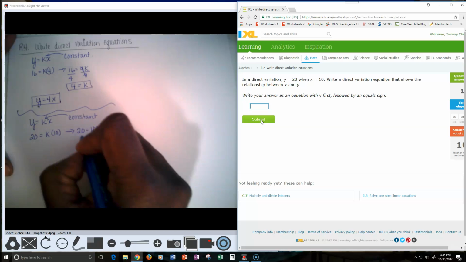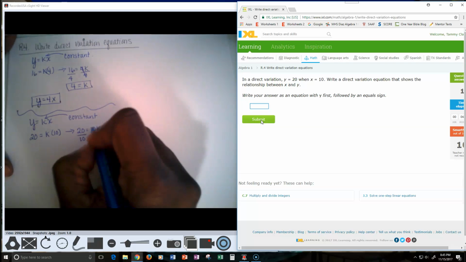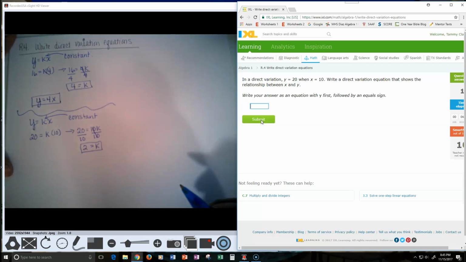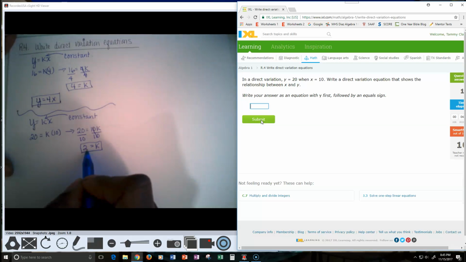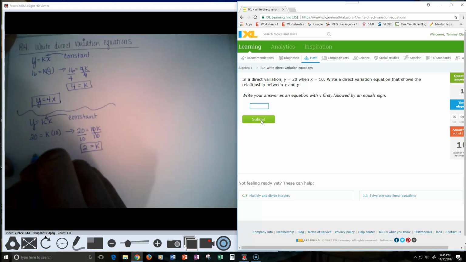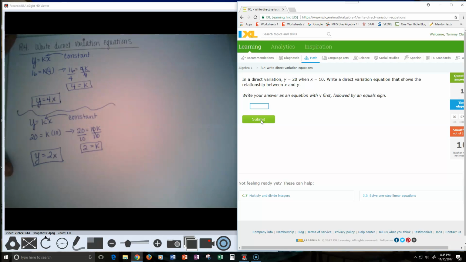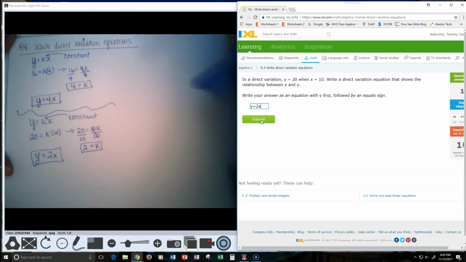Divide both sides of the equation by 10. Therefore, k is equal to 2. We're not done. We have to go back and substitute the number 2 for k. So our equation would be y is equal to 2 multiplied by x. So again, y equals 2 multiplied by x.